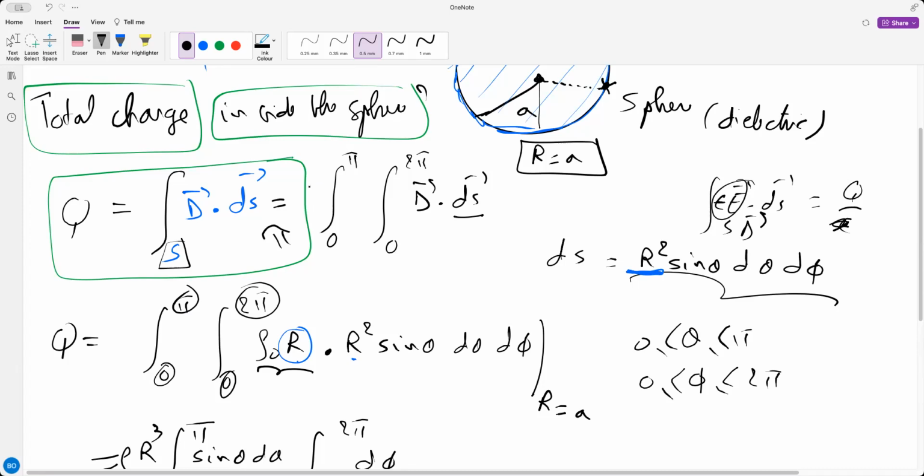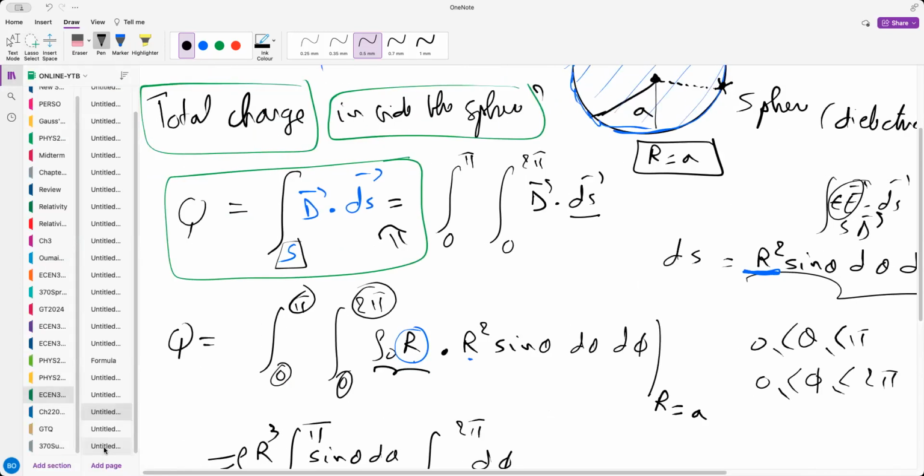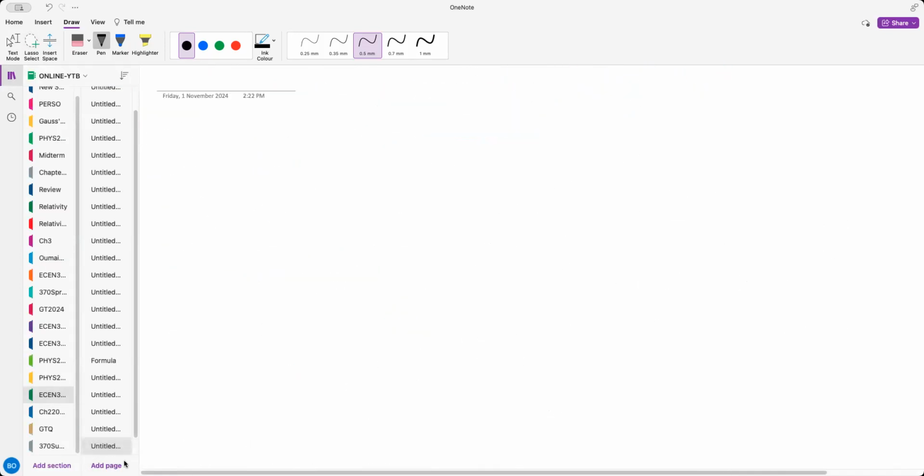So let me just explain something. Here we have the integral over a surface dS. This is equal to the total charge, right?